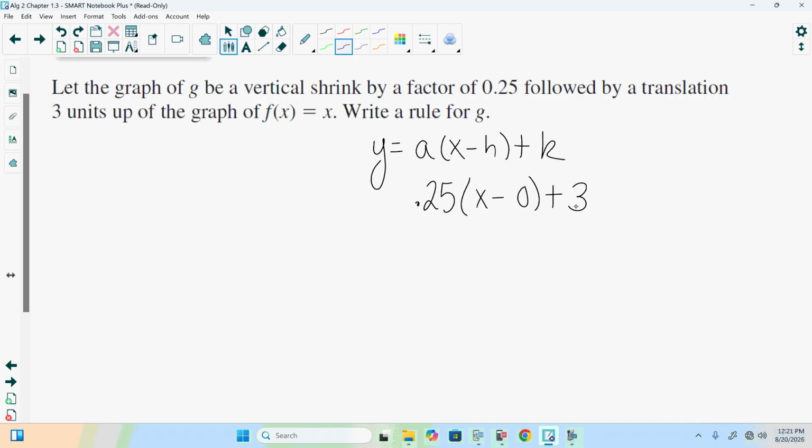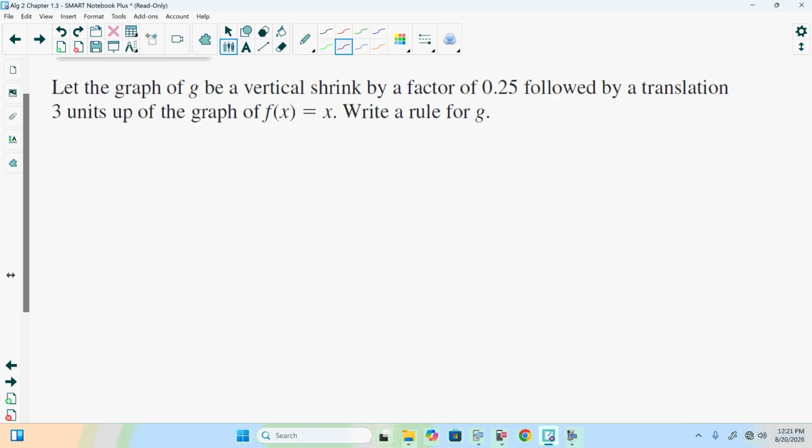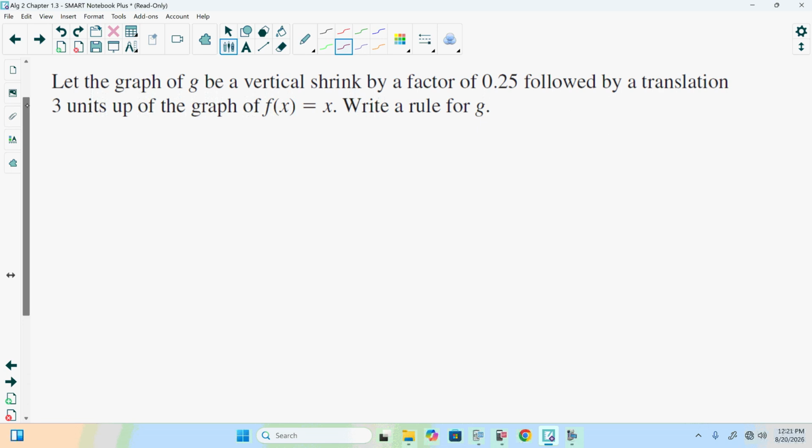We can write it this way, simplify, so we have 0.25x plus 3, and that's our final equation. And as long as the transformations are put in a certain order in a certain way, this works fine. But if they're not, it's going to give us something completely different.